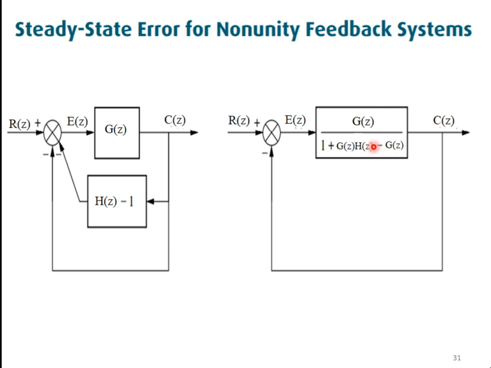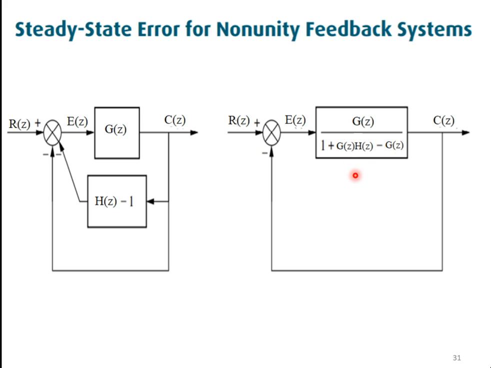You see in this block, this is the feed forward transfer function. So if H(z) is equal to 1, that is the first case, the previous examples that we have done. H(z) equal to 1 means, for this transfer function, it will be G(z) over 1 plus G(z) into H(z), and H(z) is 1, so 1 plus G(z) minus G(z).